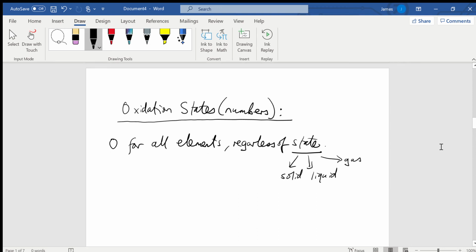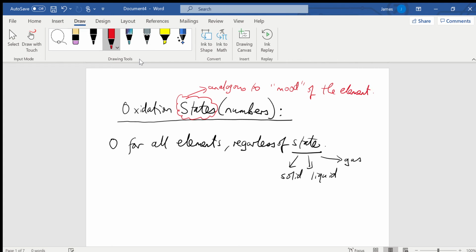One way that I like to tell my students, and again it's an analogy, it's not to be taken too seriously, is that the oxidation state of a chemical species would be analogous to the mood of the element.